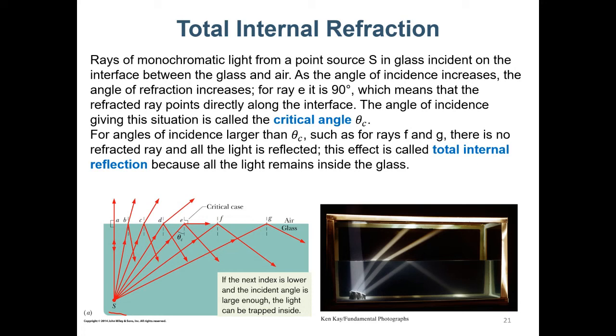So this is glass, this is air. And as the angle of incidence increases, the angle of refraction increases for the ray. For the ray E, it is 90 degrees.